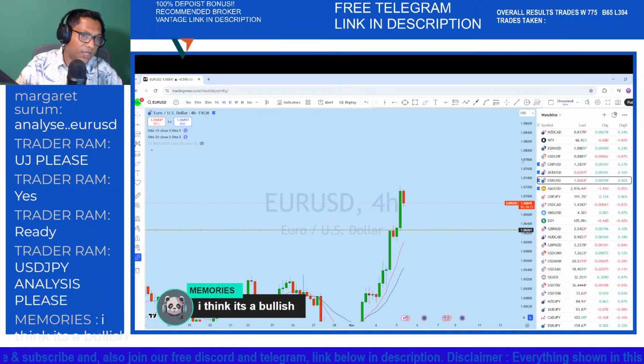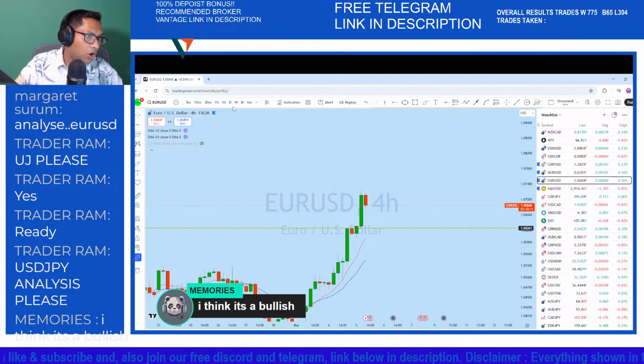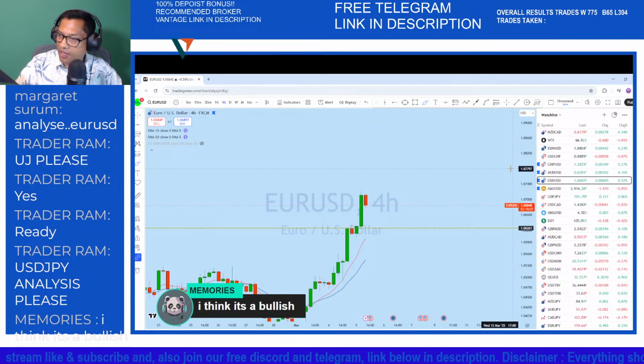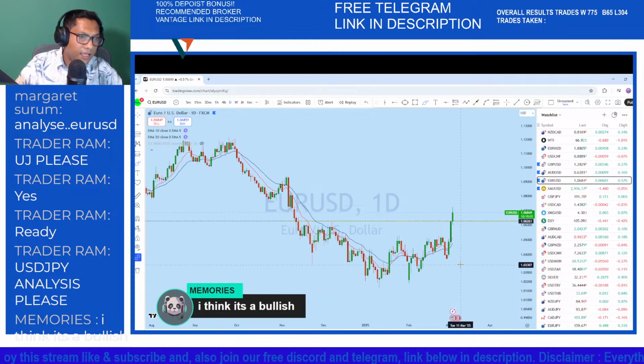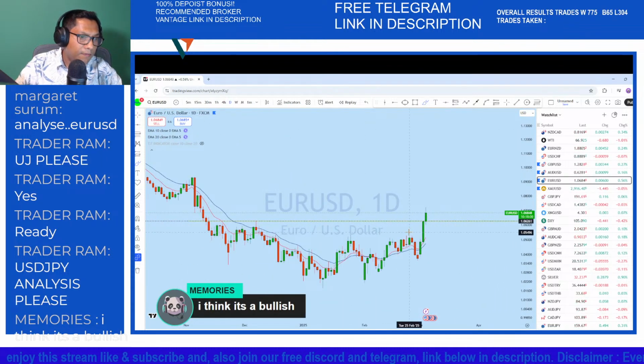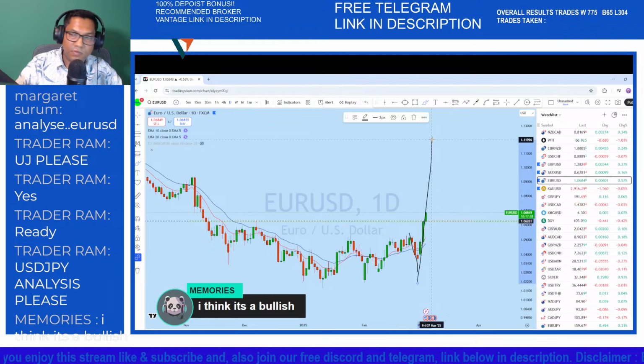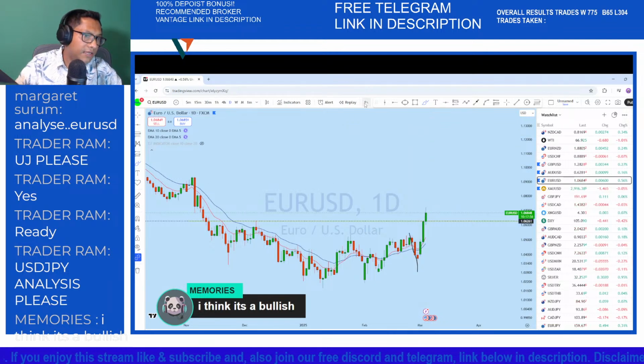So looking at EUR/USD, let's look at the daily again. This is a very strongly bullish market at the moment in EUR/USD. We can see the price has broken below, and then boom, that's a huge breakout at the moment.